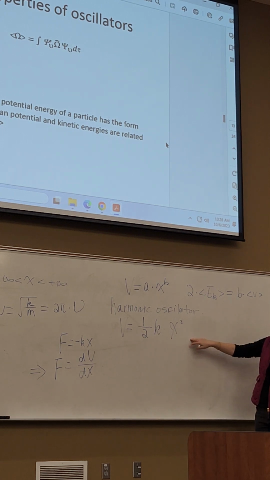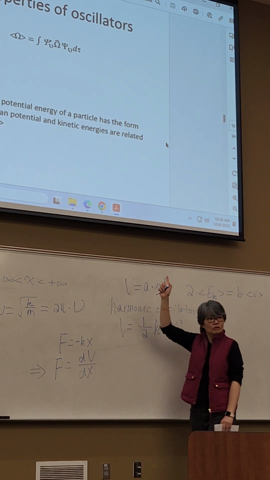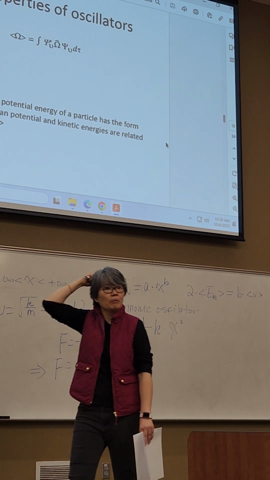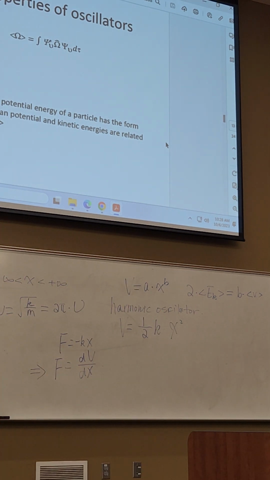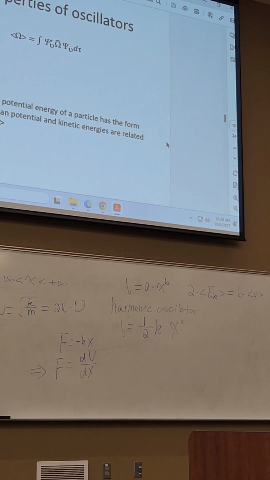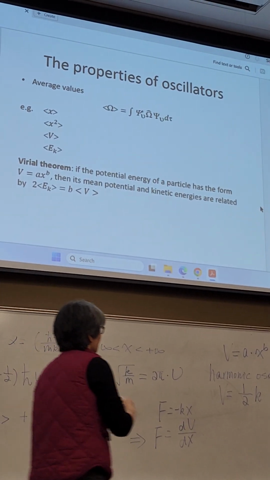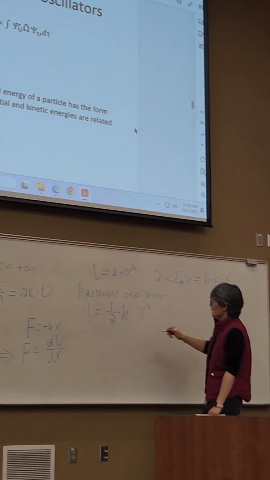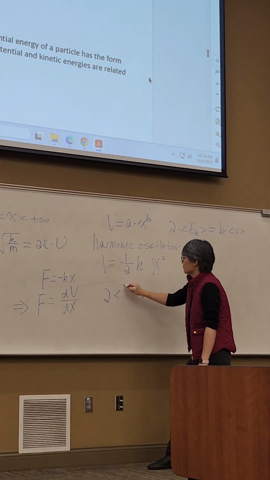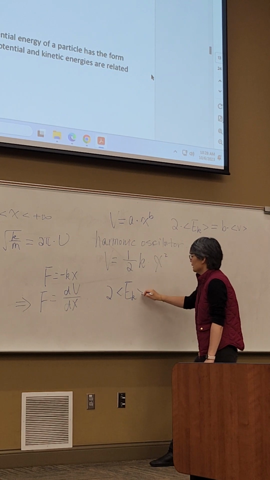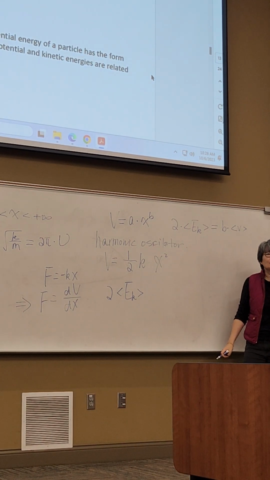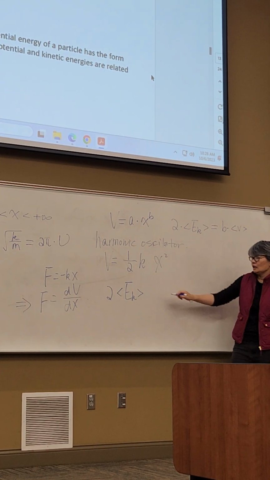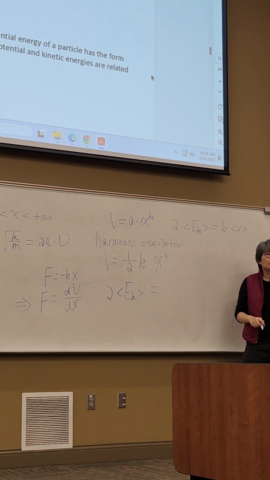With an expression like this, does it satisfy the theorem? Yes. Okay, if it does, then what is our B here? The theorem said if it satisfies this, then 2 times your average kinetic energy equals B times the average of your potential energy.